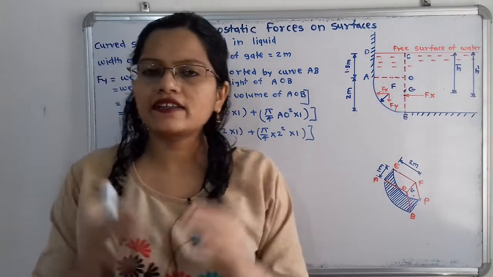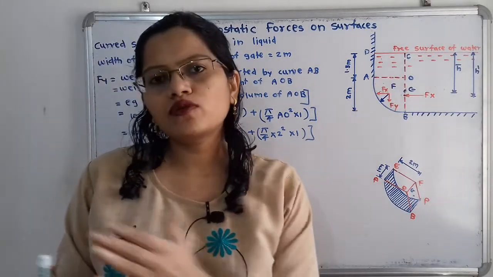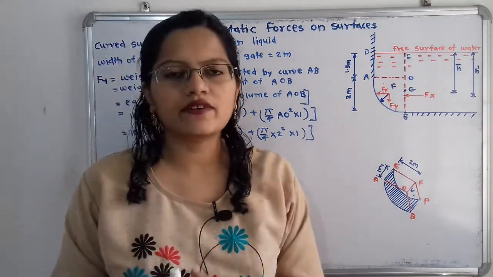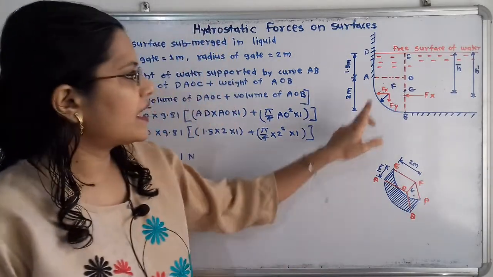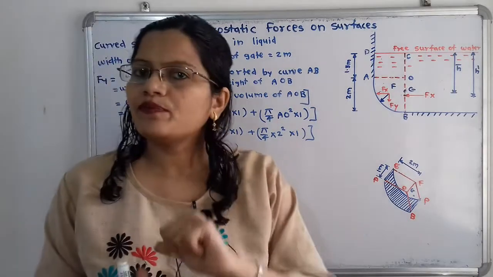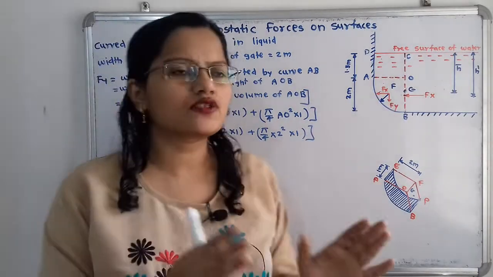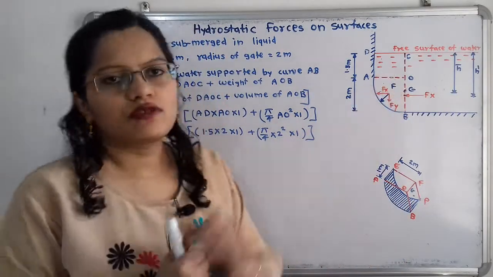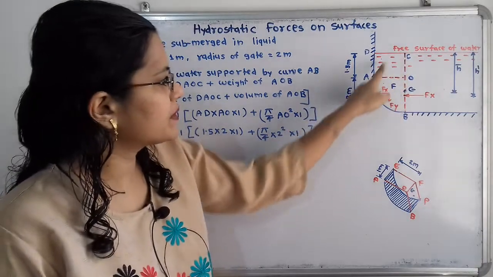We have to add the weight of water in these two areas. So how to define the weight? Weight is equal to rho g into volume. Rho is the density of water multiplied by g, 9.81. This is common when we calculate this weight. Only the volume is different because the shape is different.